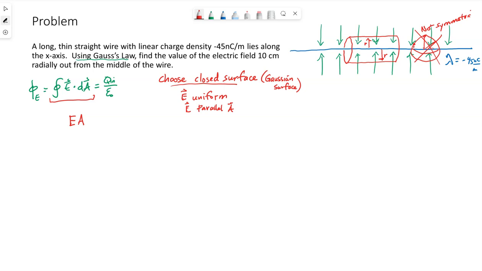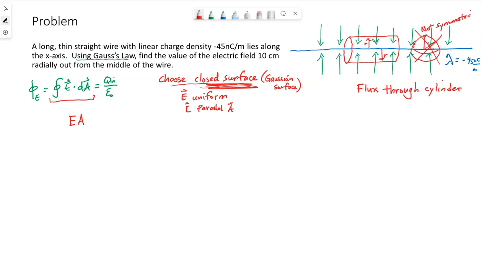So to use Gauss's law to solve for the electric field, we're going to look at the flux through this cylinder I've chosen. The cylinder is not a real object. It's just this imaginary closed surface, this Gaussian surface, to talk about the flux through.